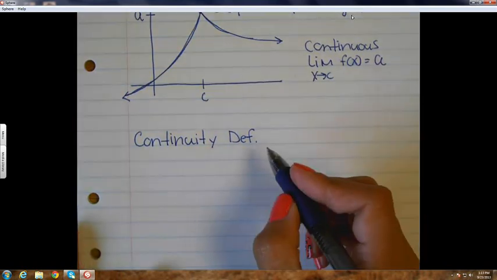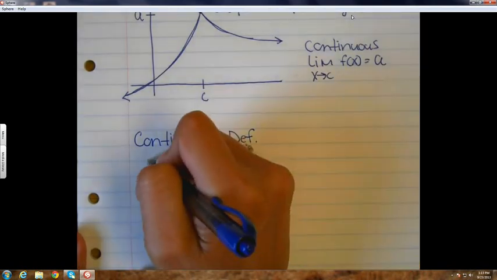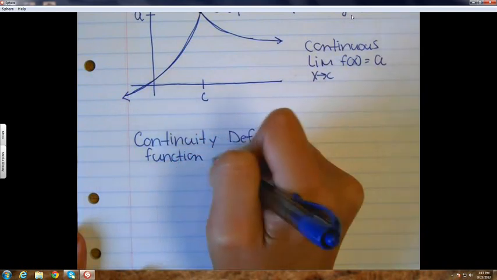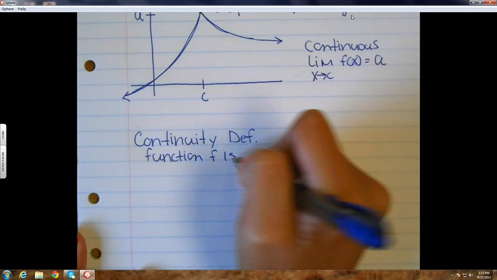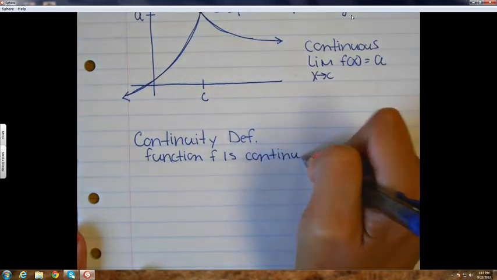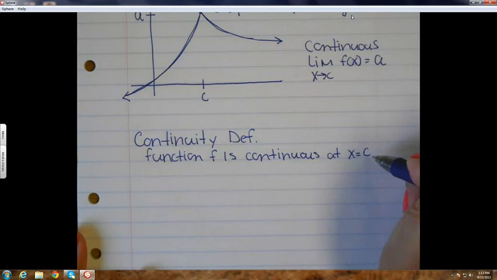Okay, this definition, you will have to know all three parts of this. It says function f is continuous at x equals c, so we're always looking at continuity at a specific point, if and only if these three things happen.